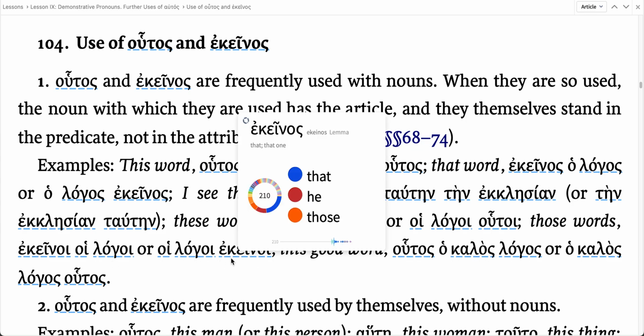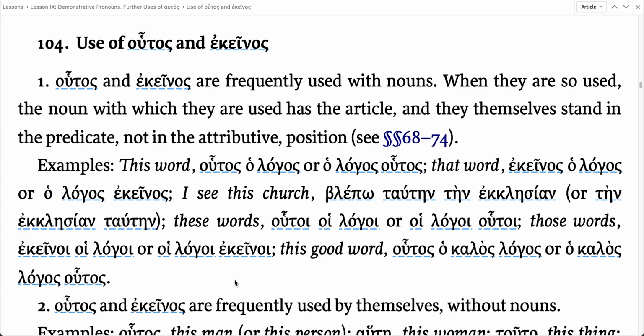So that would be the plural form of the far demonstrative. So you have this and these, that and those. So sometimes you'll see the demonstrative pronoun attached to the noun directly. It'll come right after it like that, the noun that it modifies, or that it's the antecedent of, or that it's pointing to. Okay?